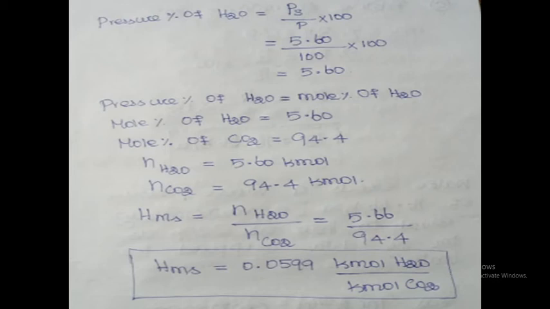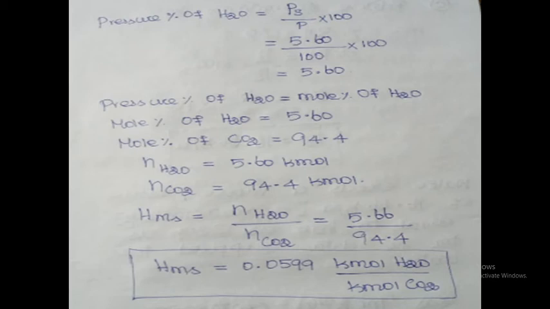So what are the components we have? One is water, another one is carbon dioxide. You know the concept: pressure percentage is equal to mole percentage. That's why this value is directly taken as the mole percentage of water, 5.60. What is the other component? Carbon dioxide.